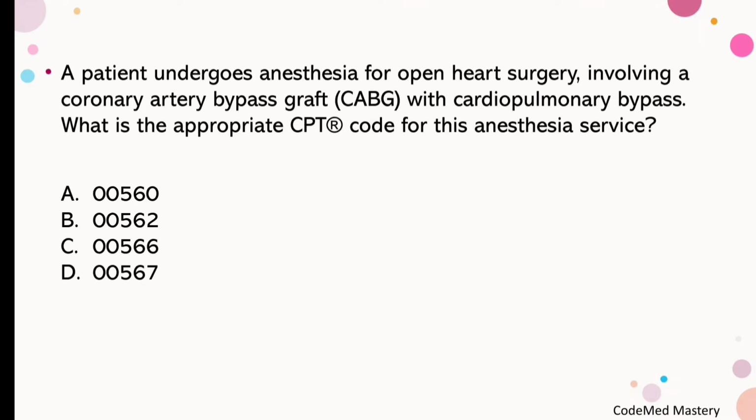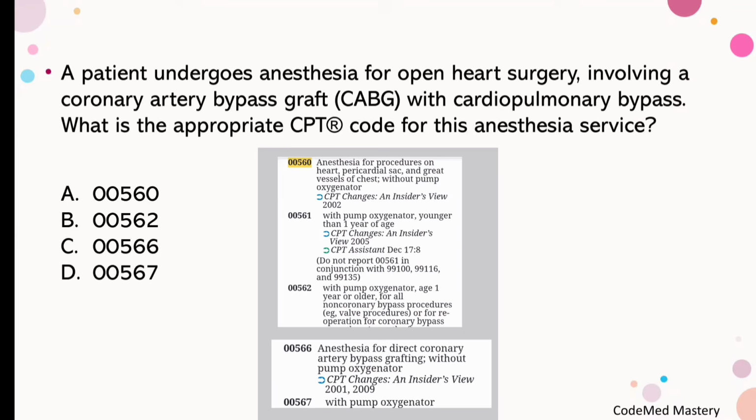Next question. Let us check the options first. Check option A 00560. 00560 is for anesthesia for procedures on heart, pericardial sac and great vessels of chest without pump oxygenator.